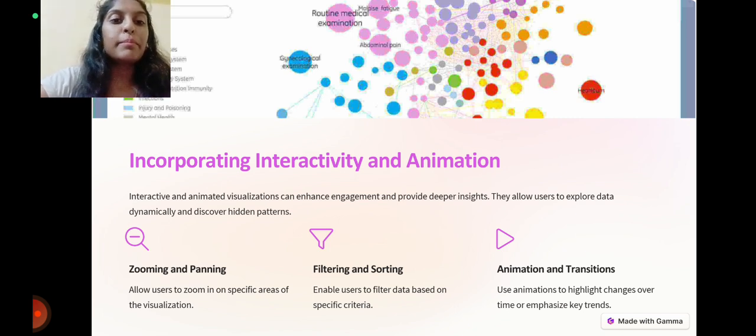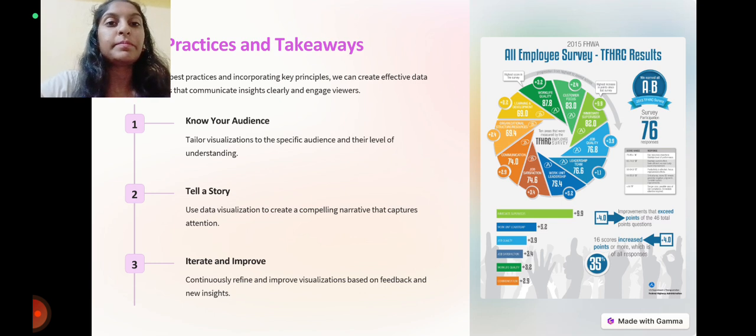In that, zooming and panning, filtering and sorting, and animation and transition are very important. Zooming and panning allow users to zoom in on a specific area of the visualization. Filtering and sorting enable users to filter the data based on specific criteria. Animation and transition use animations to highlight the changes over time or emphasize key trends.